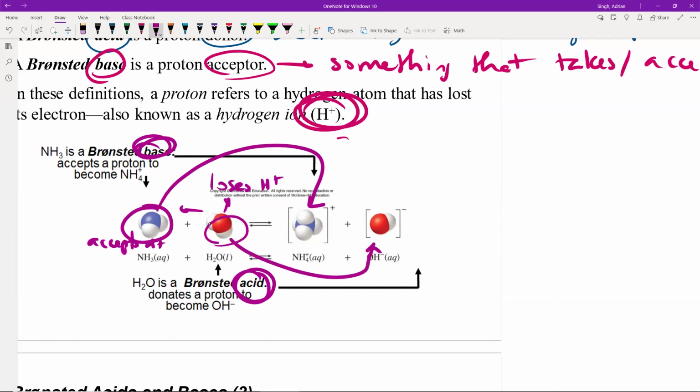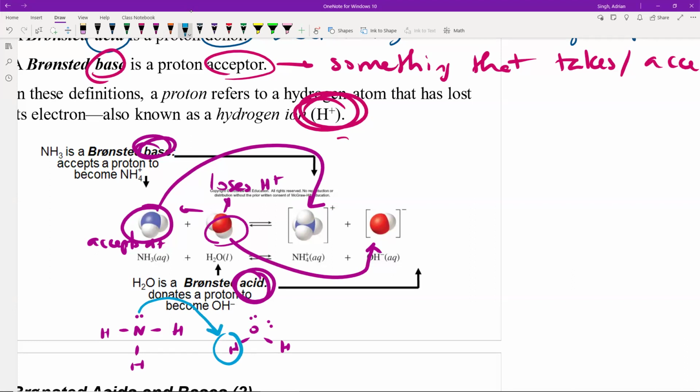And you can draw the Lewis structures for these to rationalize this. So there's my NH3. This is my H2O. Okay, so the water here is losing an H plus, and the lone pair from the nitrogen is the thing that accepts it.